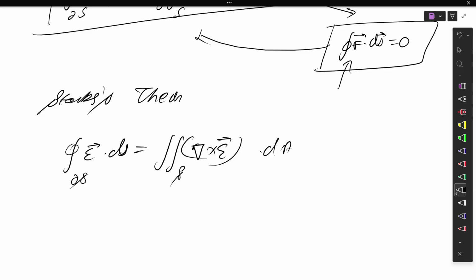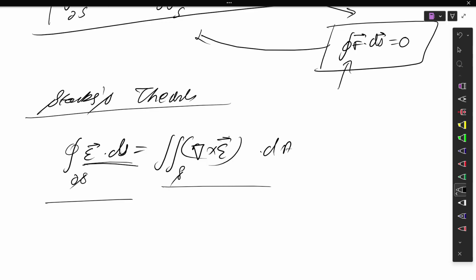As I know, the electric field for a static charge is always conservative. On the left side we have the circulation of the electric field around a closed loop, and on the right side we have the flux of the curl through the surface. So if the curl is zero everywhere, then the line integral is also zero, right?